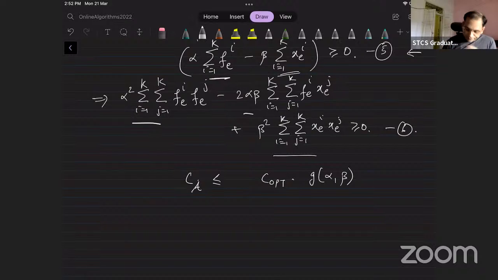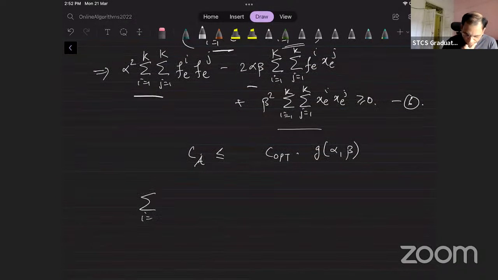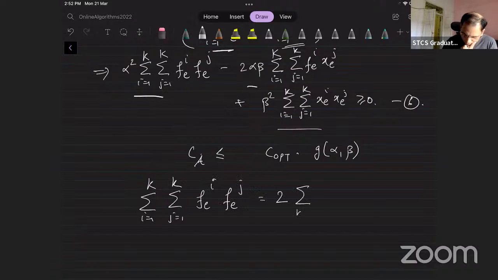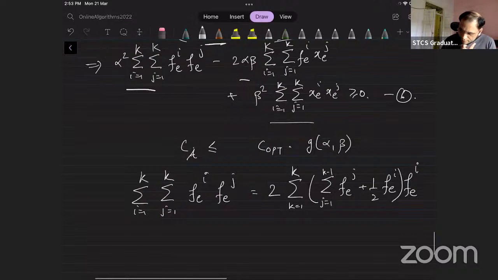So another elementary relation, i going from 1 through capital K. Is this clear how to get this?